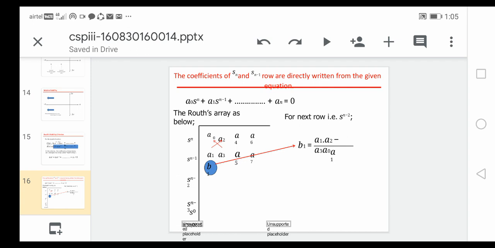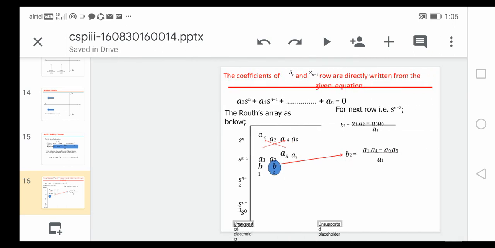Please concentrate, what I wrote for b1 here is wrong. You go through it as a1 into a2 minus a3 into a0, whole divided by a1, and the second term is built the same way from the next coefficients, like that we need to write down.